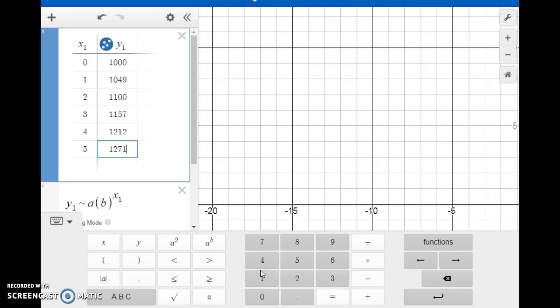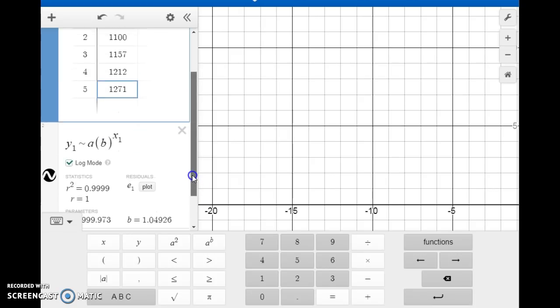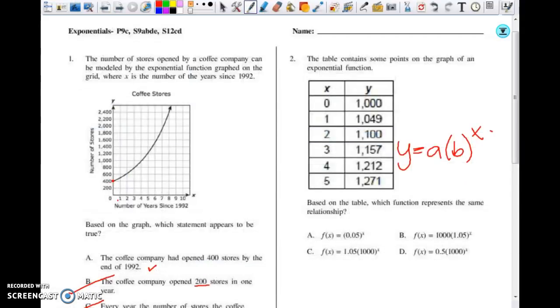Okay, so this is the log mode that I'm talking about that's going to pop up. Make sure it's checked, and then that's your a, that's your b. Make sure you're rounding appropriately to find which one is your a and your b, and then circle your answer, okay?